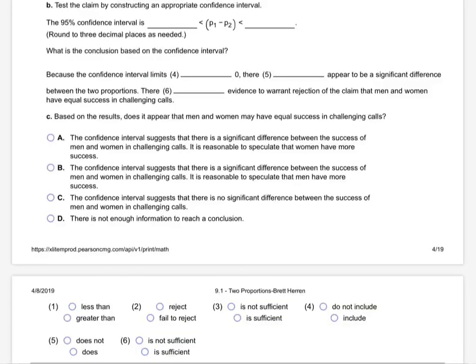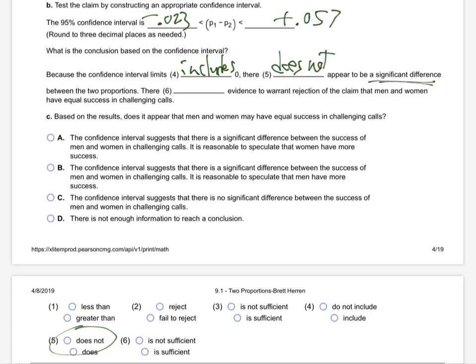It was negative 0.023 to positive 0.057. So negative to positive, 0 is in there. It includes 0. And what is number 5? Does or does not appear to be a significant difference? Oh, no, does not. Does not appear to be a significant difference.